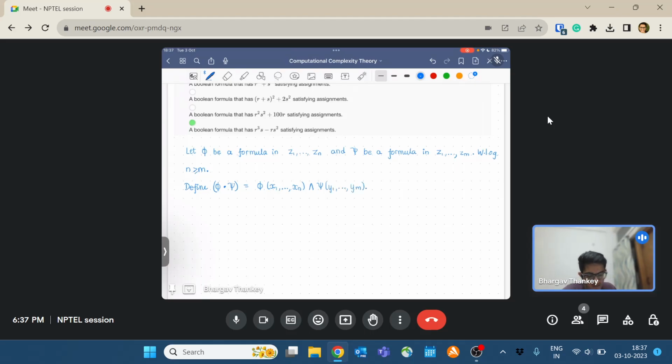Okay, so we'll define a formula phi times psi as follows. It's just going to be the AND of phi and psi, but on different sets of variables. So here x1 to xn and y1 to ym are disjoint sets of variables.